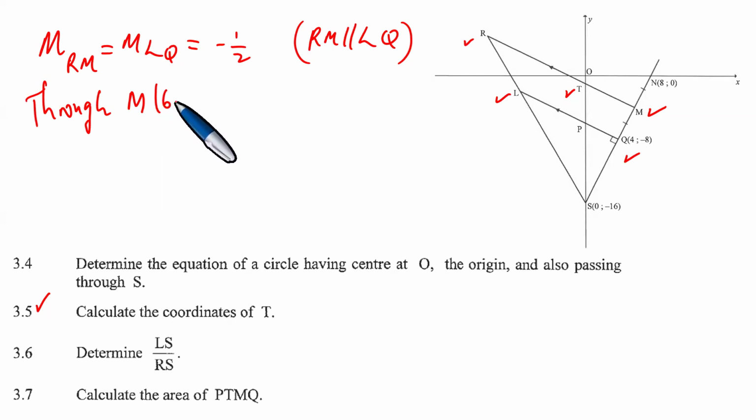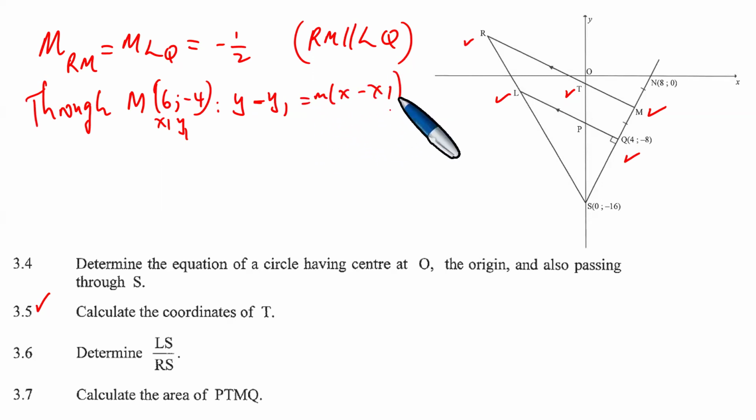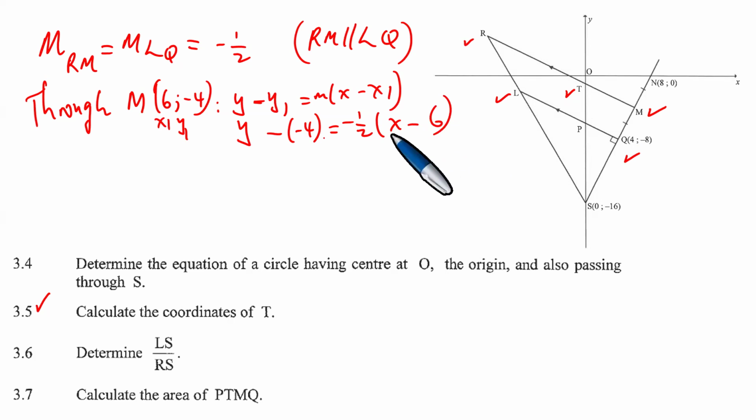The coordinates of M are 6 and minus 4, so you have x1, y1, which means y minus y1 is equal to m into x minus x1, which is y minus minus 4 equals minus 1/2 into x minus 6.